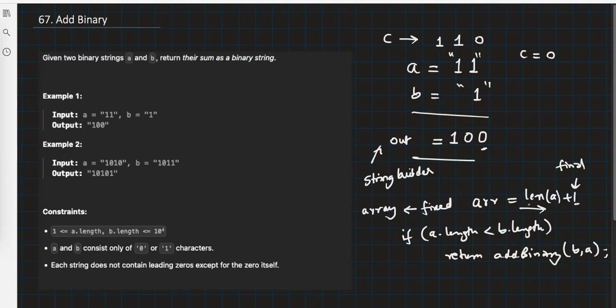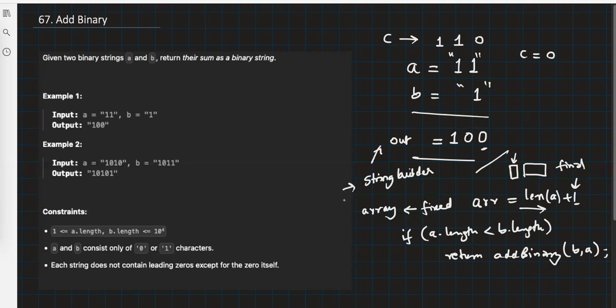Now we have to manipulate a few things. If there's no carry in the end, we have to return the remaining string except the first cell of that array. And if there is a carry, then we can just append 1 and return the whole array. So these are the few manipulations we have to do if we use a fixed array.